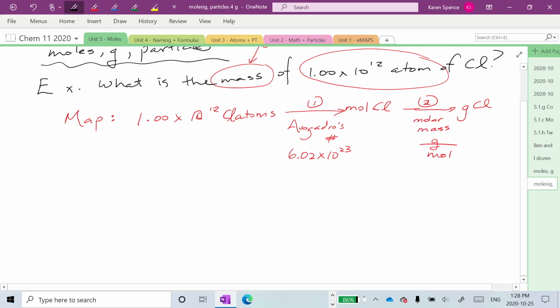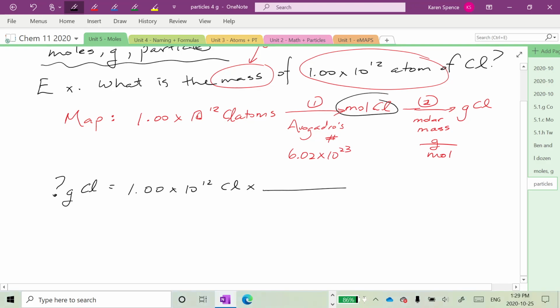So let's write out what we're going to do here. We don't know how many grams of chlorine atoms we have. We are starting with 1.00 times 10 to the 12 chlorine atoms. And in step 1, we're converting into moles. So we want to cancel chlorine atoms, and we want to find moles of chlorine.